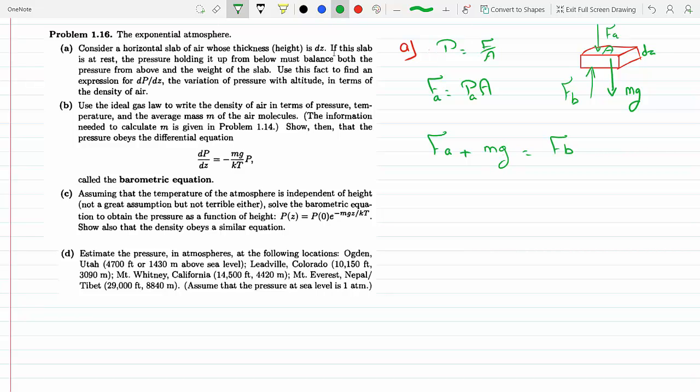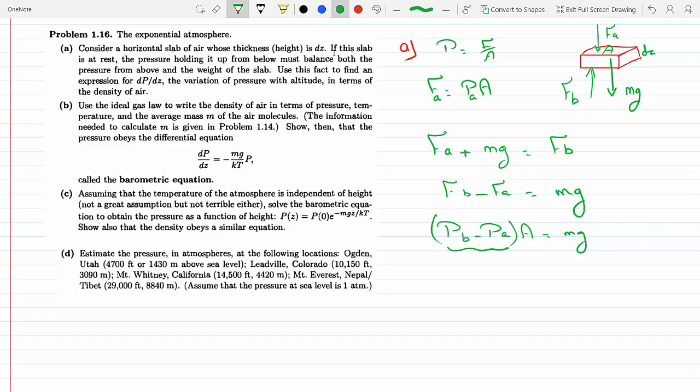That means FB minus FA has to balance mg, and the difference of these forces is just PB minus PA times the area, because pressure is force over area, and I factor out the area.